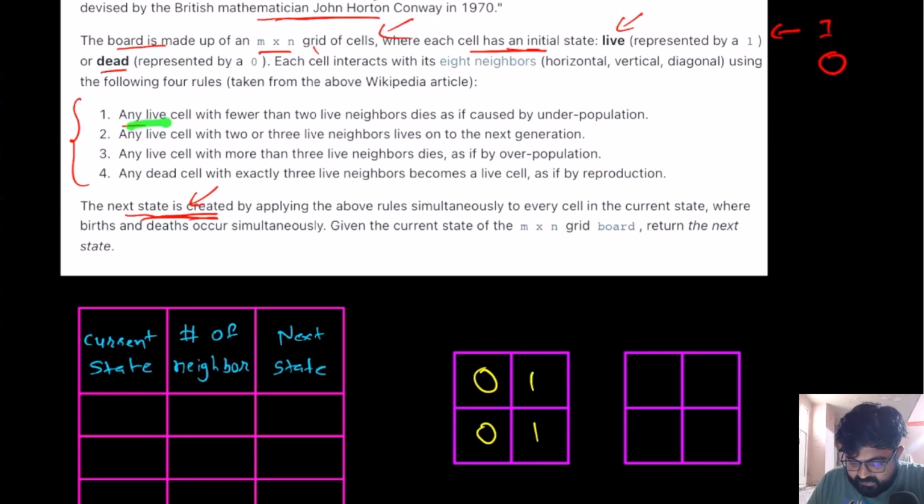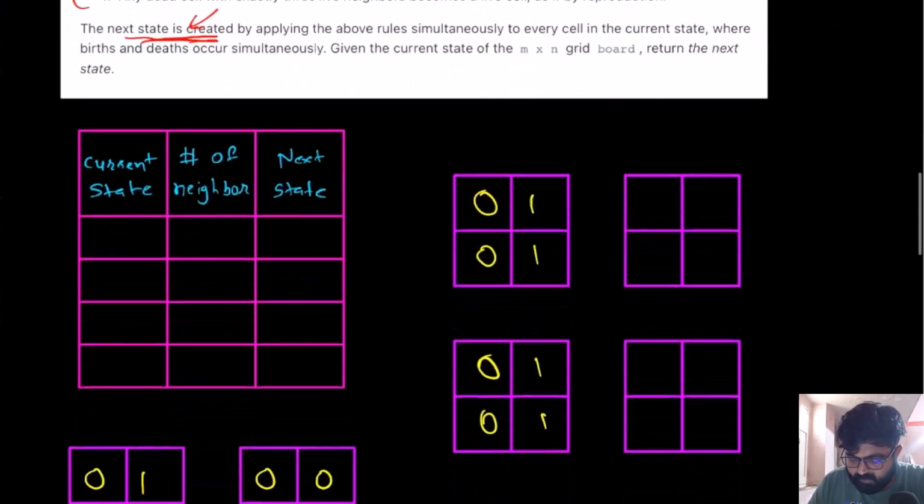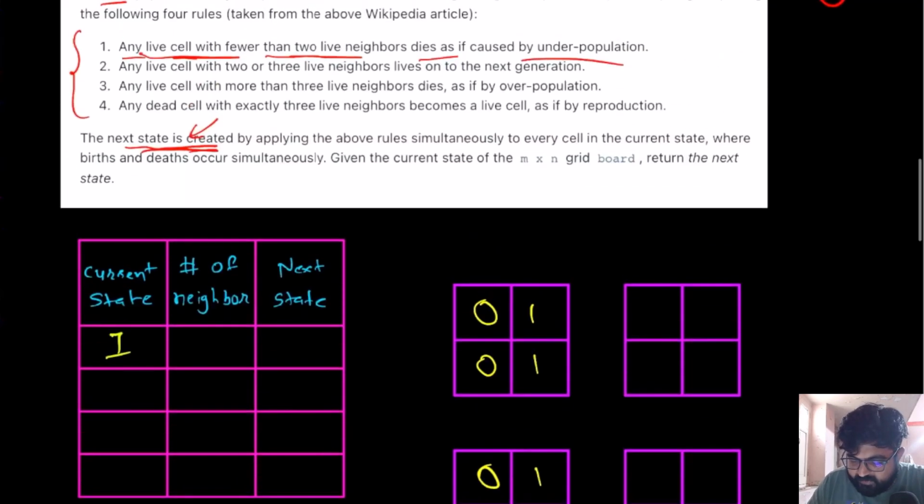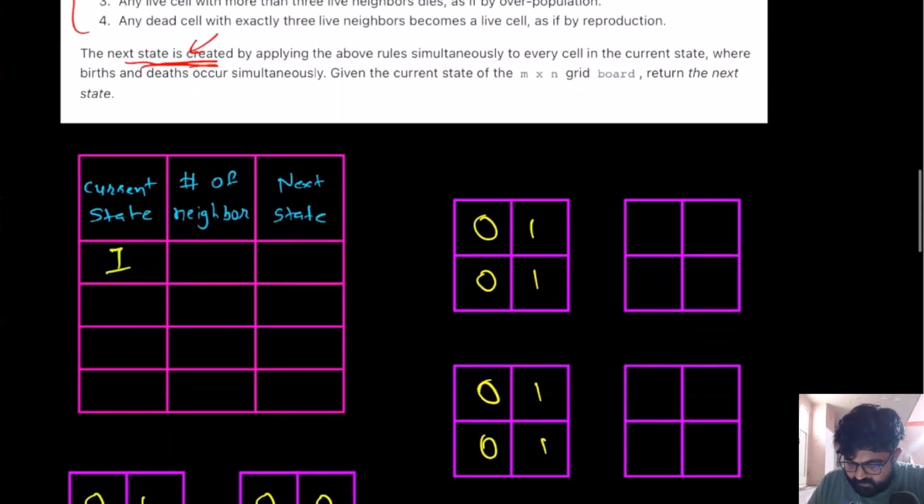Okay, the first one says that any live cell with fewer than 2 live neighbors dies in the next state due to underpopulation. So if the current state is live, we note this with the value 1, and if the number of neighbors is less than 2, then the next state is going to be 0, the dead state.